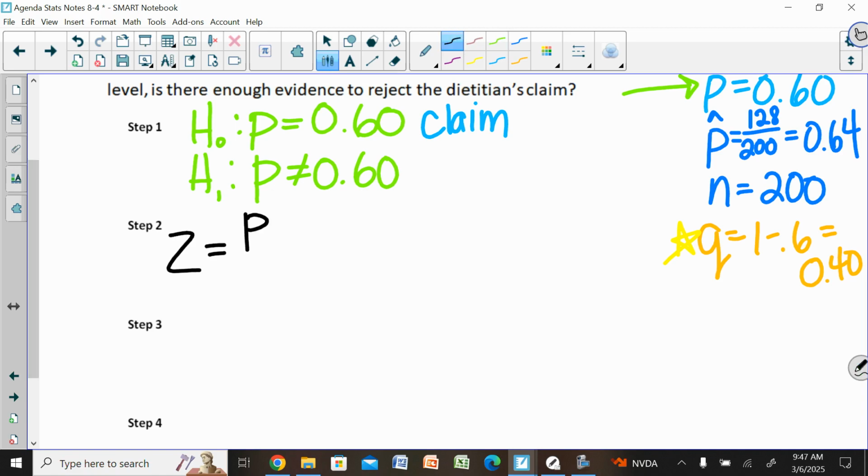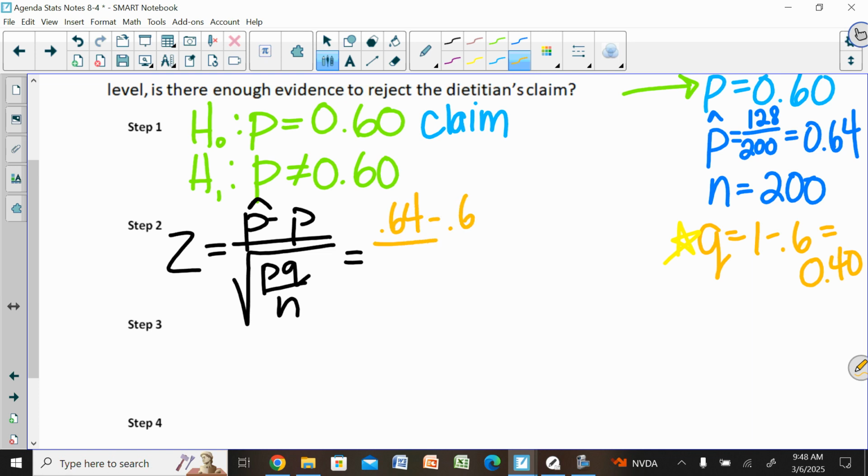All right, so step 2, calculate our test statistic. So again, P hat minus P over the giant square root of PQ over N, just in case you needed that refresher. So my P hat is 0.64 minus my population proportion, and then I'm going to reuse that 0.6 times my Q, all over my sample size of 200.